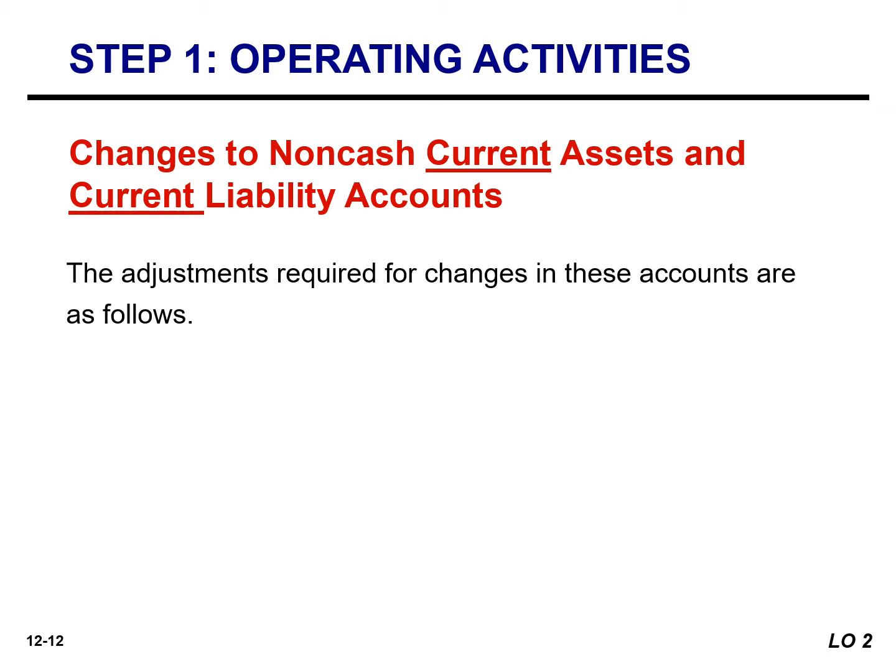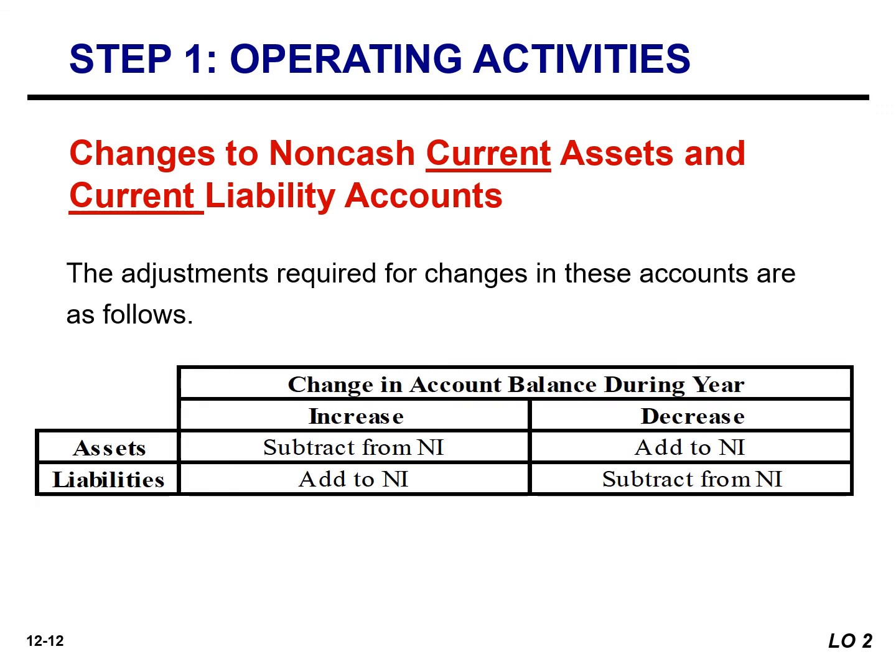We need to adjust net income for these accruals and prepayments to arrive at the net cash provided by operating activities. We can apply the following general rules. Add the change when an operating asset decreases or an operating liability increases, and subtract the change when an operating asset increases or an operating liability decreases.